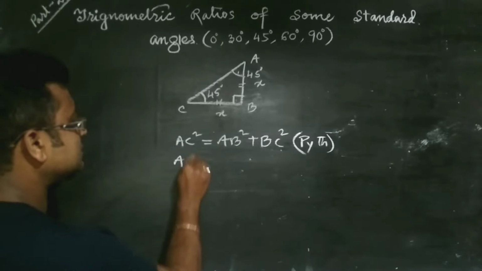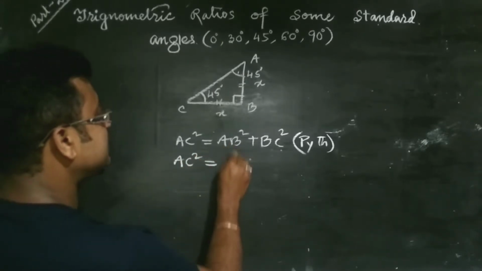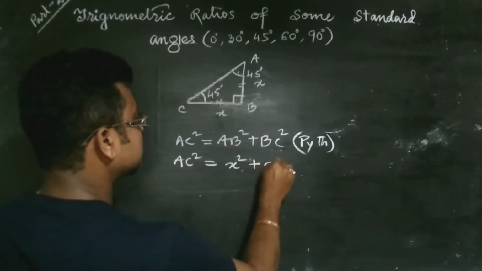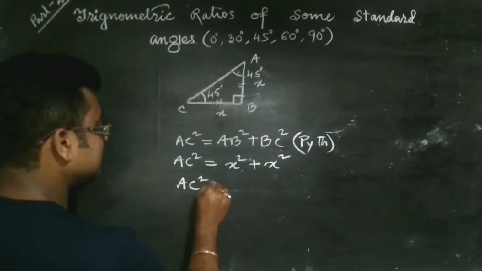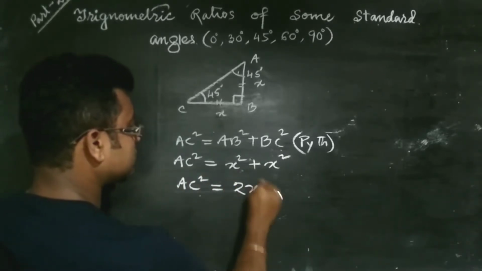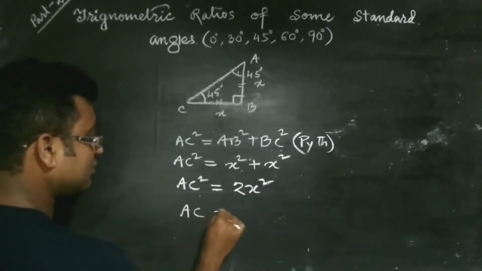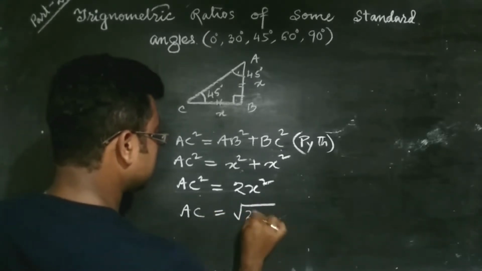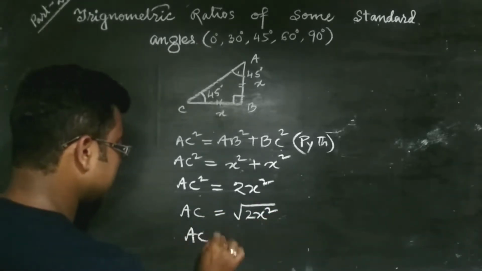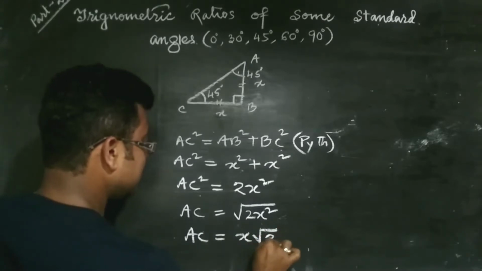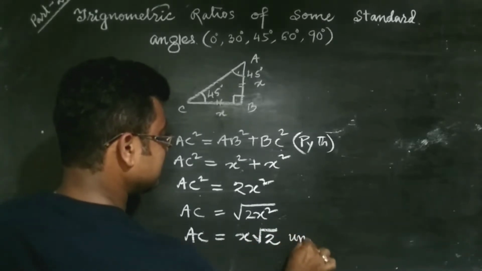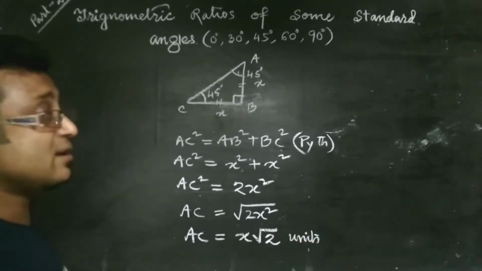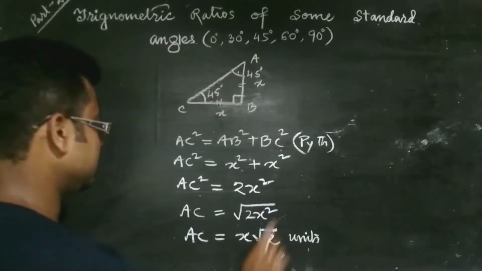So AC square equals AB square, what is AB? x square plus x square. So AC square equals 2x square. So AC will be, can anyone tell? Root over 2x square. So AC equals x root over 2. You can write units here. We do not know whether it is centimeter, meter, kilometer, so put units.